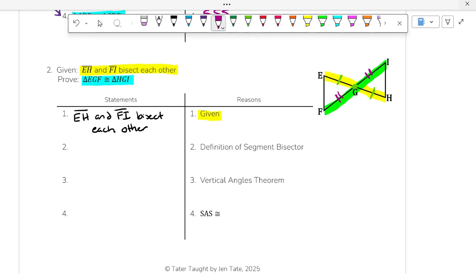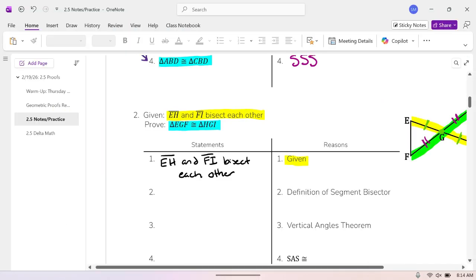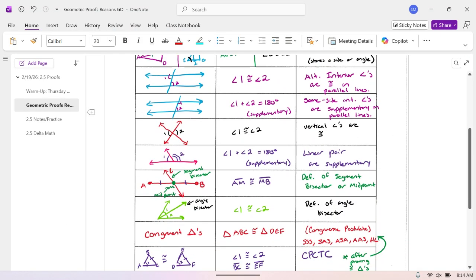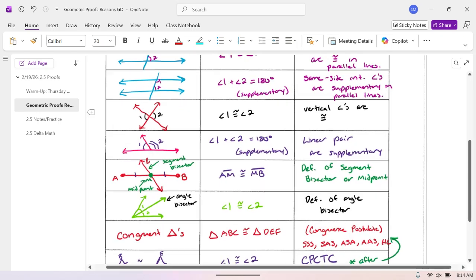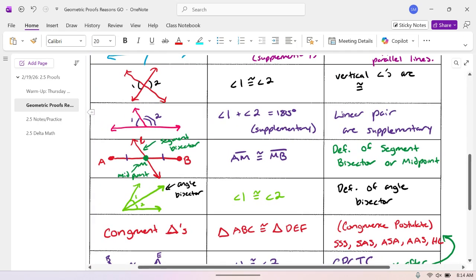Now, what do you think I want to put then? What statement do you think I want to make? So look at your chart. What does it say typically? If you say it's going to be definition of segment bisector, what are you typically saying? So if we look back at the chart, I'm looking where it says definition of segment bisector, which is right here.